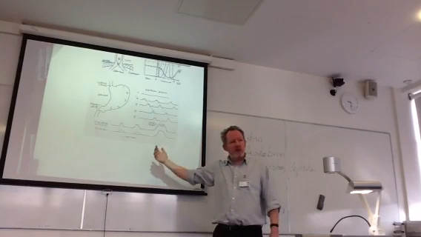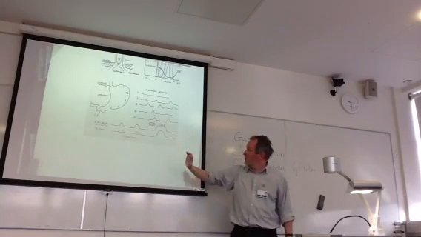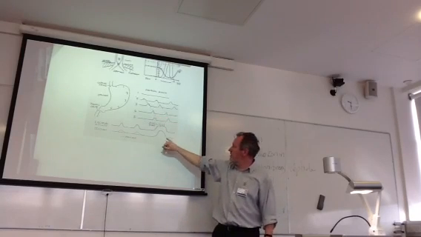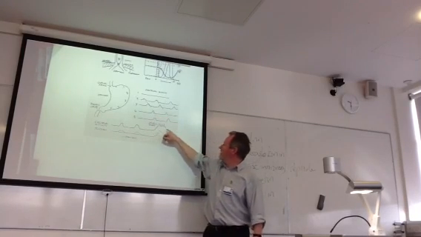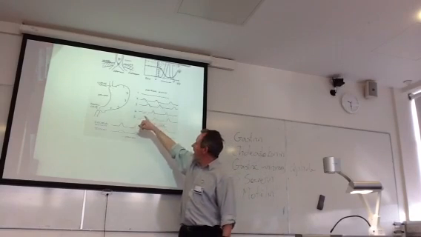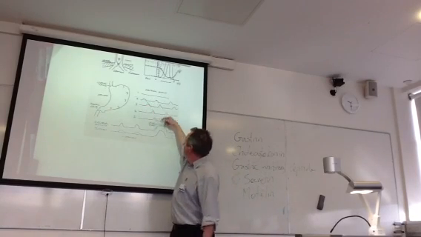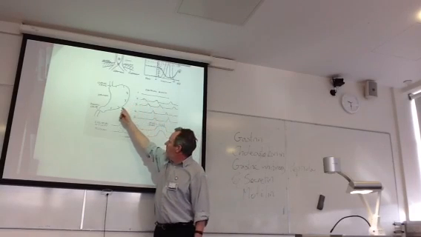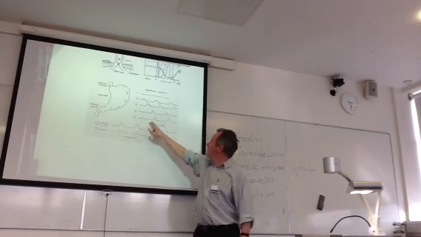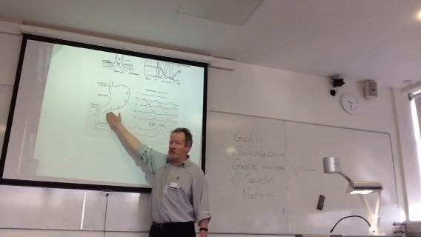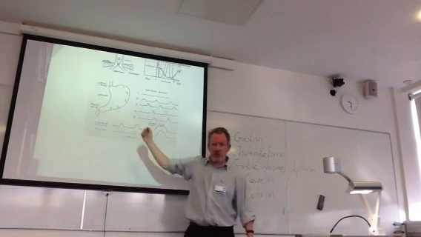And like the cardiac pacemaker, which we talked about last week, these are automatic cells. They produce this electrical activity, these slow waves, automatically. And what this part of the graph shows is the activity in the various portions. And we can see there's a wave of activity which moves down the stomach towards the pylorus.